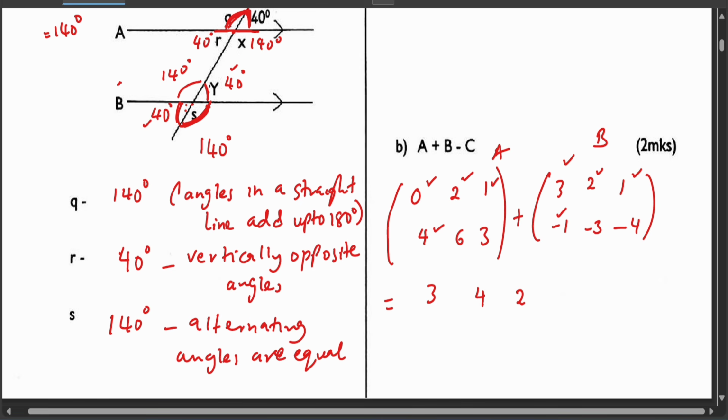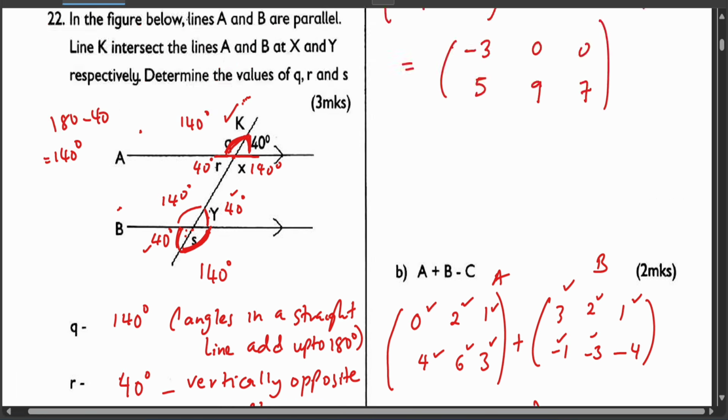So 4 minus 1 gives you 3. 6 minus 3 gives you 3 again. 3 plus negative 4 is 3 minus 4, which gives you negative 1. So that's A plus B. Then you subtract C.